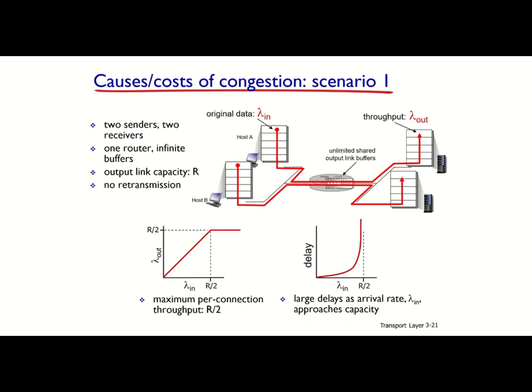Since we have two connections and the output link capacity is R, the per connection throughput should be R divided by 2. In this case, R is assumed to be the bottleneck of the connection, so the maximum per connection throughput is equal to R divided by 2.